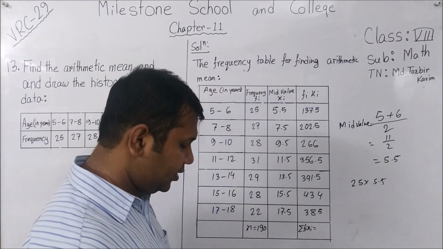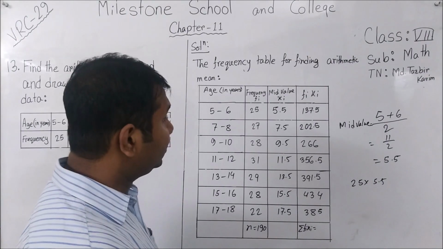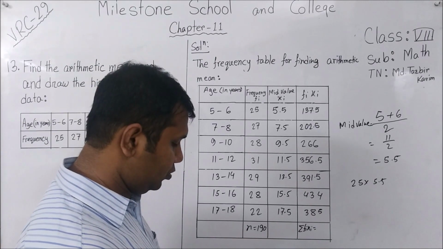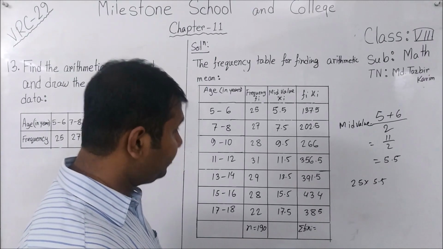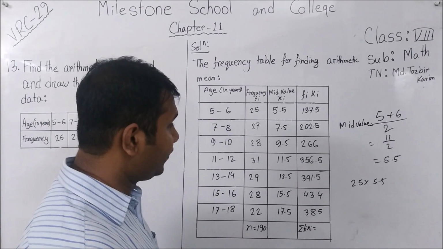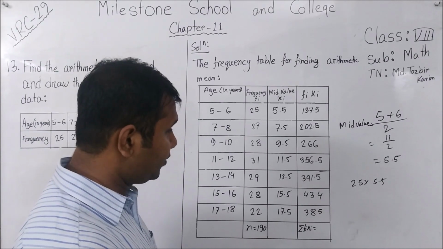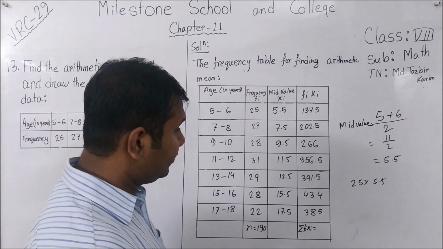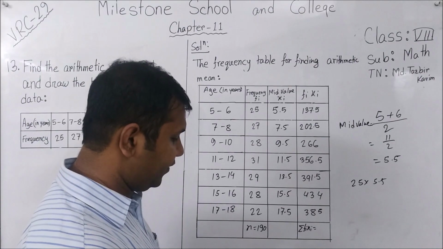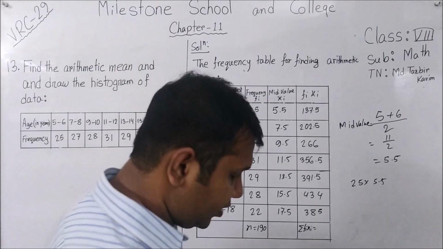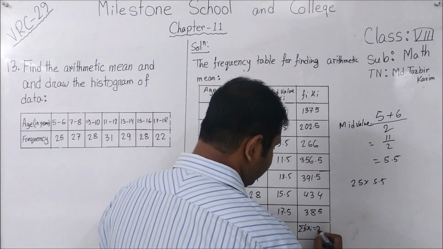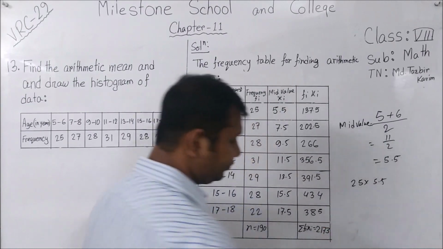So if we add, that is 137.5 plus 202.5 plus 266 plus 356.5 plus 391.5 plus 424 plus 385, we are going to get the total, that is 2173.